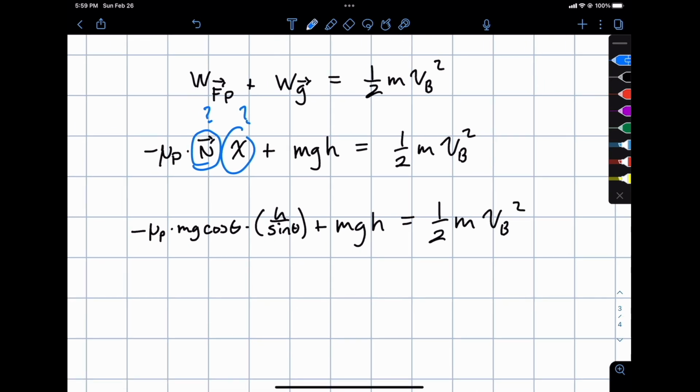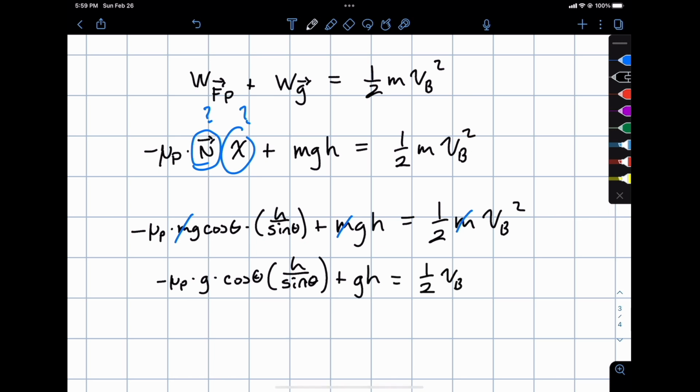And by looking at this equation, we notice one thing: m cancels out. Okay, let's simplify the equation. So mu p times gravity times cosine theta times x, plus gravity times height, equals 1/2 vb squared.